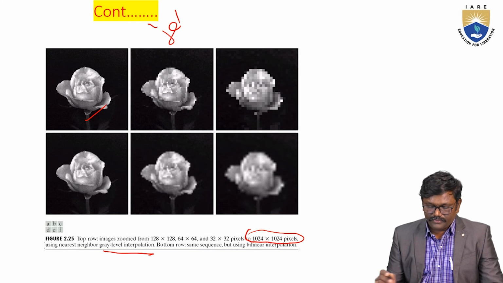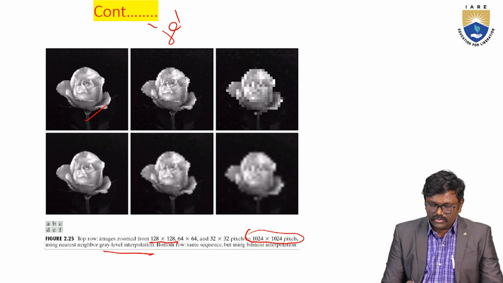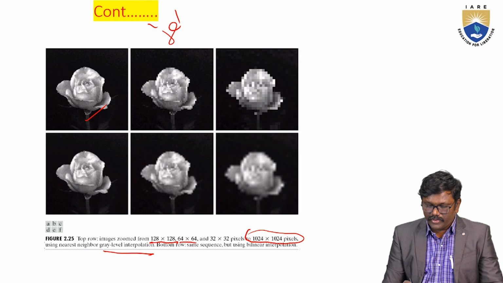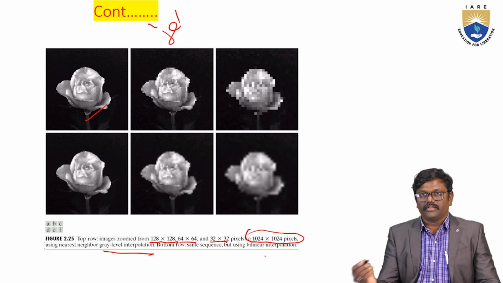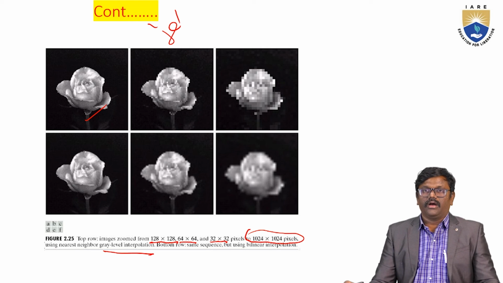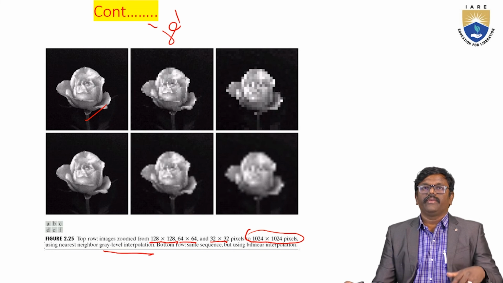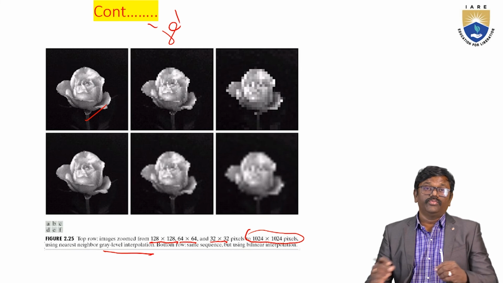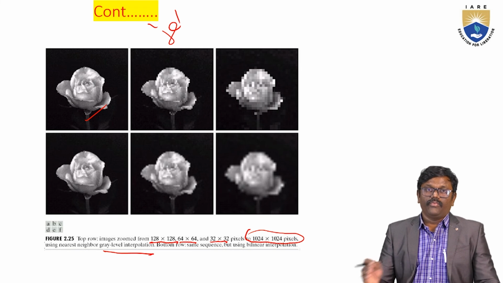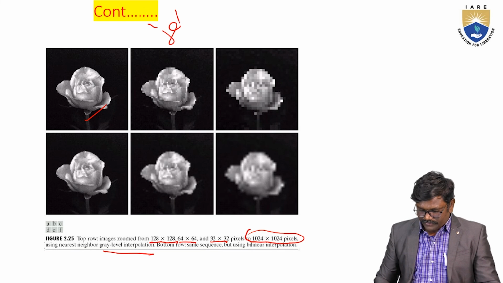Your images are like this: this is 128 by 128, this is 64 by 64, this is 32 by 32 pixels. You compare the ranges of pixel values from one to another, and the top row image is zoomed from one to another. Then we may see how the transformation happens.